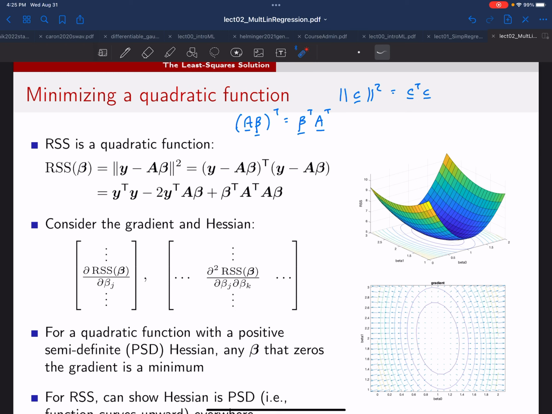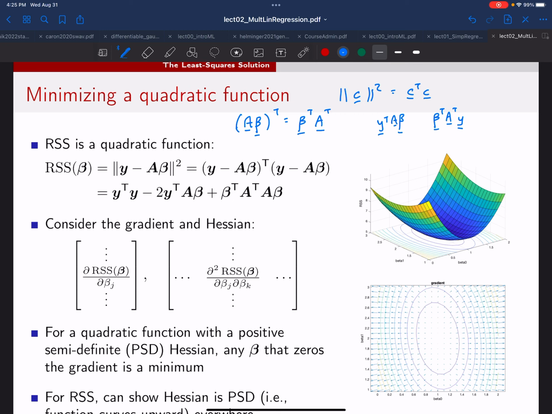But it turns out that when you look at those quantities, let's say we have y transpose A beta, and then let's also think about beta transpose A transpose y. Are those similar or different? Are they the same or different? So the first thing to realize is they're scalars, right? It's just a scalar quantity.